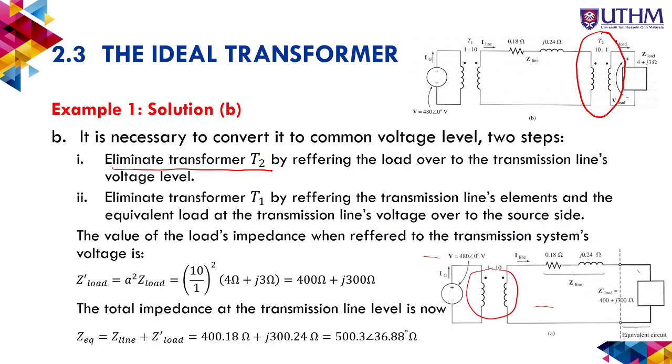So the value of the load impedance when referred to the transmission system voltage is, the A is 10/1. Okay, so this is the equation. When they write A here, we need to write A/1.